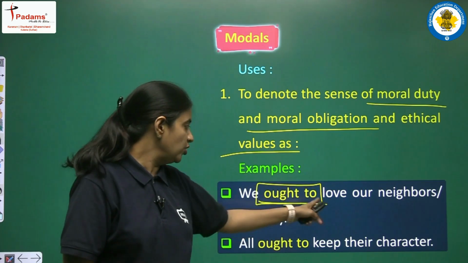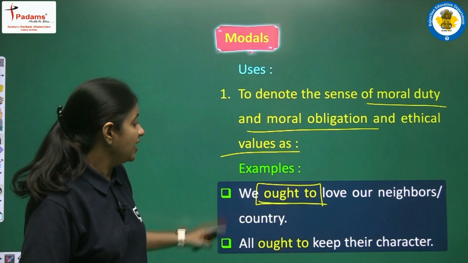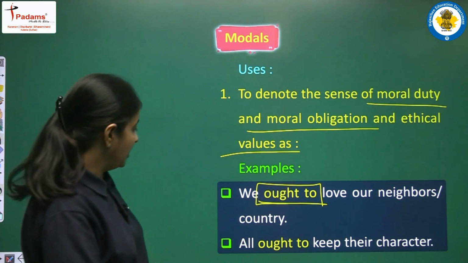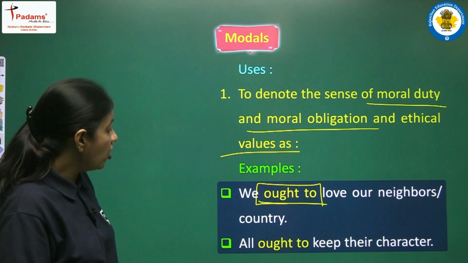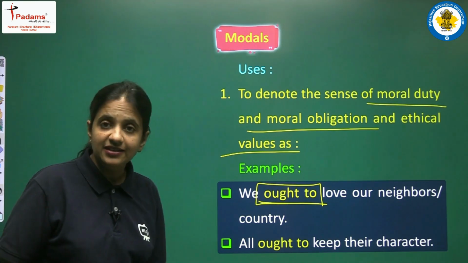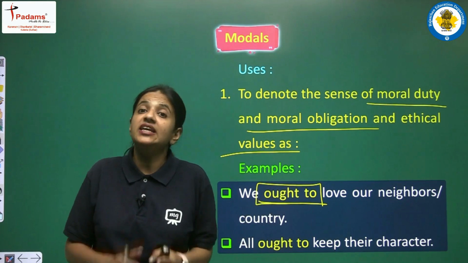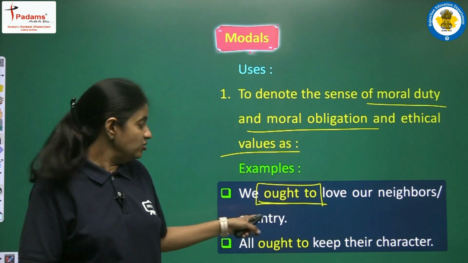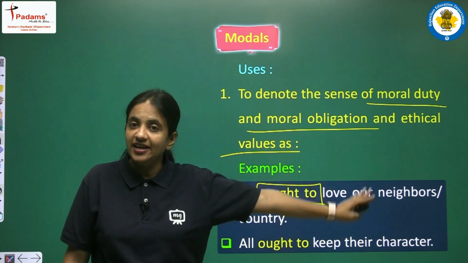Okay, so हमें ought to ये दोनों words एक साथ हमें use करने हैं. So we have here that we ought to love our neighbors, or we can say country. Next example we have, all ought to keep their character. So here we are talking about moral duties, obligations, so we can say ethical values, and we are using this modal, that is ought to, to express all these things.